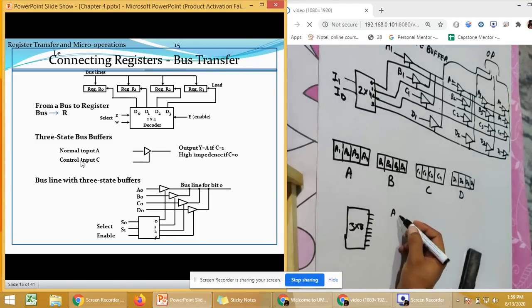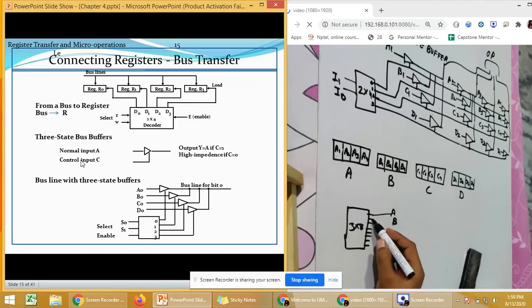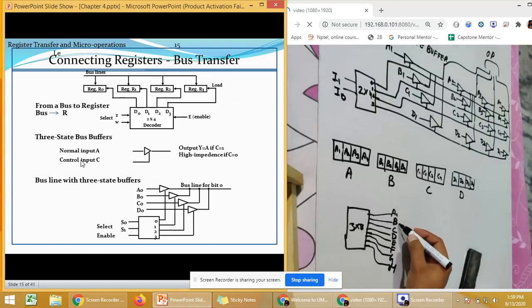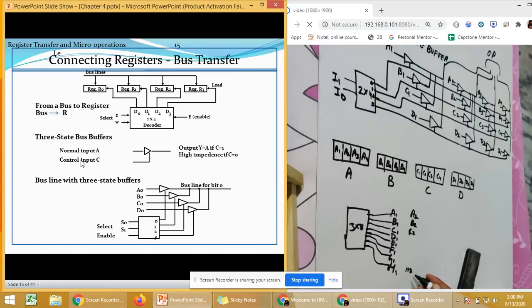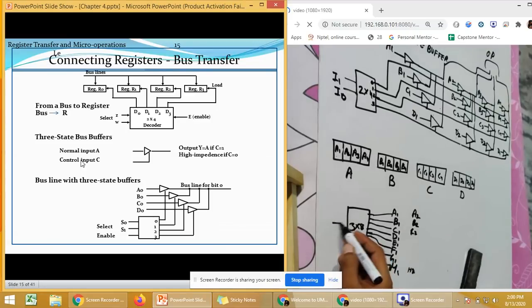This will connect with A, this will connect with B, C, D, E, F, G, and up to H. Then this will be the first bit of all. Next you will have A2, B2, C2, and so on up to H2. So you will be able to join as many registers as you want by simply increasing the size of your decoder.